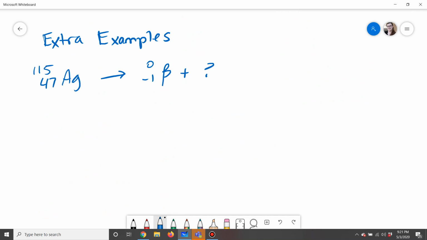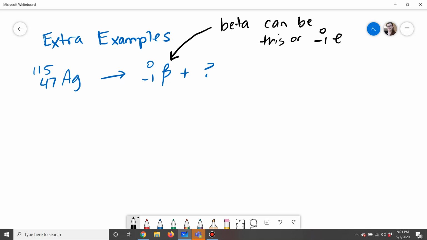Okay, coming back with some examples here. I've got a beta decay situation right here, and you can tell it's beta decay because I've used my beta Greek letter, right? So it can be this, or the electron symbol. Interchangeable, does the same thing. So we're going to do the exact same thing as we did before with our beta decay problem, where we figure out what element goes right here.